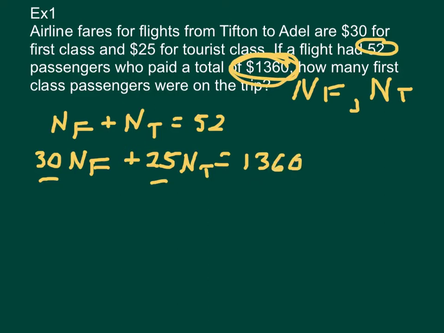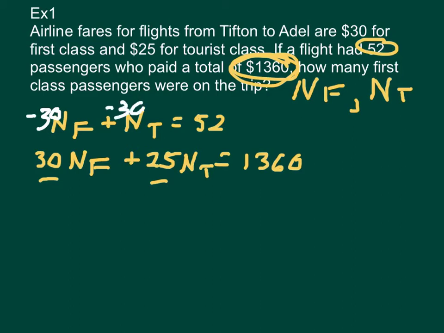Now what I need to do is solve it. And this is set up for elimination. So remember, there's a lot of different ways I could do this. I think what I'm going to do here is multiply the top equation by, excuse me, a negative 30. So I'm going to work on getting the NFs to cancel out. So I got a negative 30, and I got to multiply everything by a negative 30.